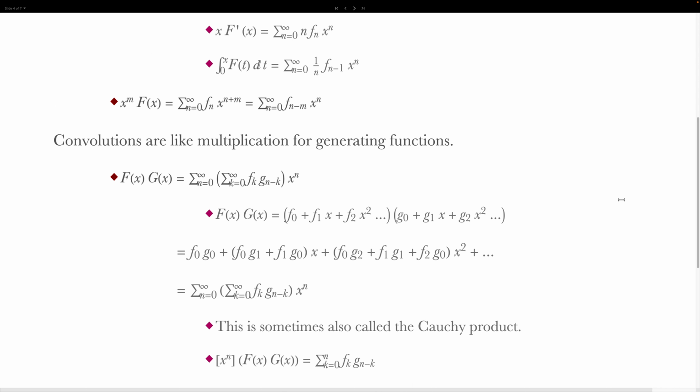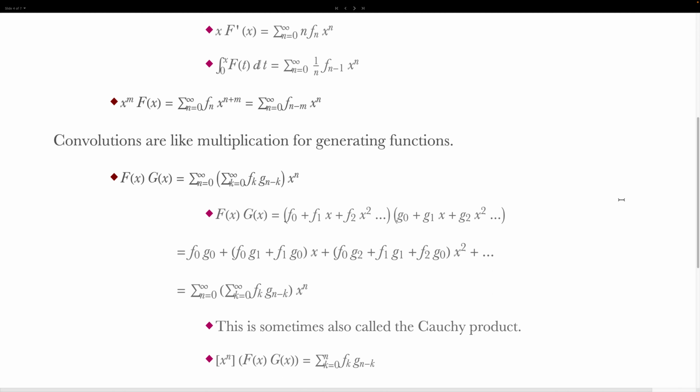Moving on, generating functions have a special type of product, called a convolution. Now, if we multiplied big F of x times big G of x, we would get f sub 0 plus f sub 1 x plus f sub 2 x squared, and so on and so forth, all multiplied by g sub 0 plus g sub 1 x plus g sub 2 x squared, and so on and so forth.